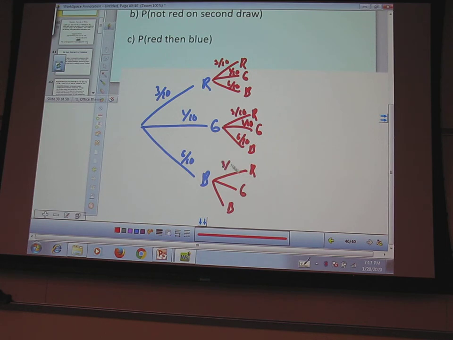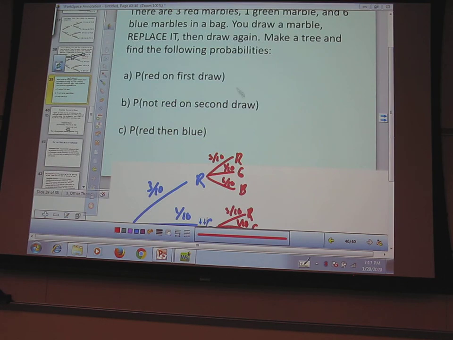So let me ask you this. First thing is, what's the probability that I draw a red marble on the first draw? 3 out of 10. What's the probability I don't draw a red marble? 7 out of 10, the rest of them, right? There's 7 of them.